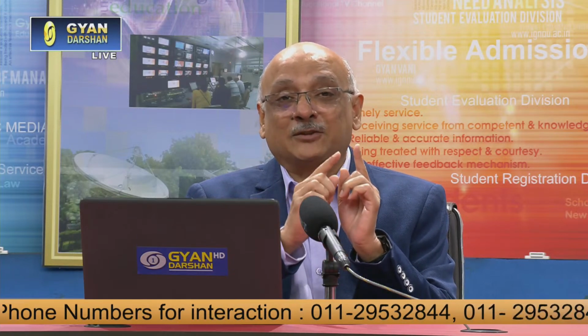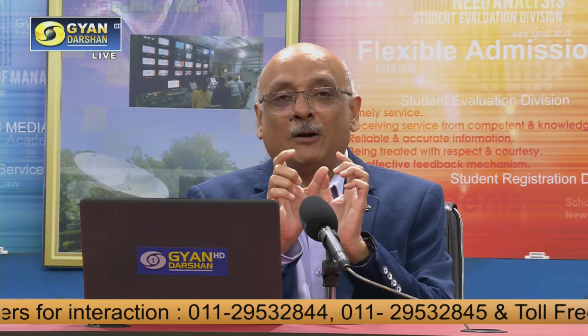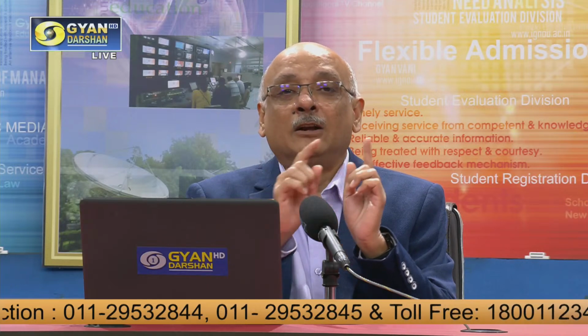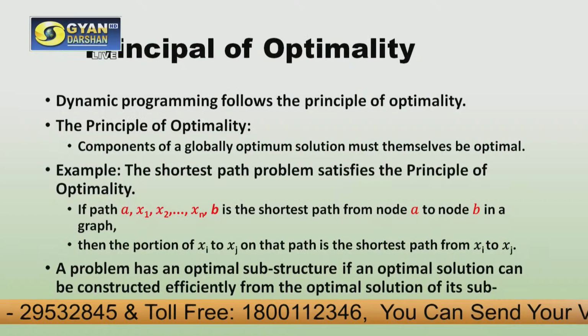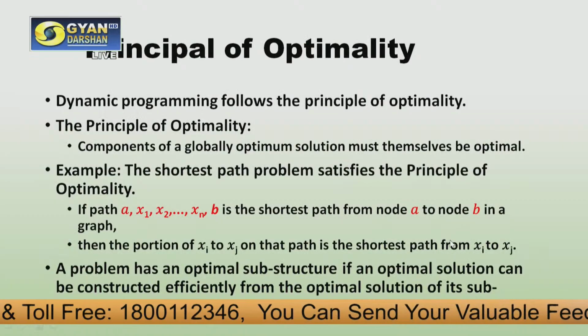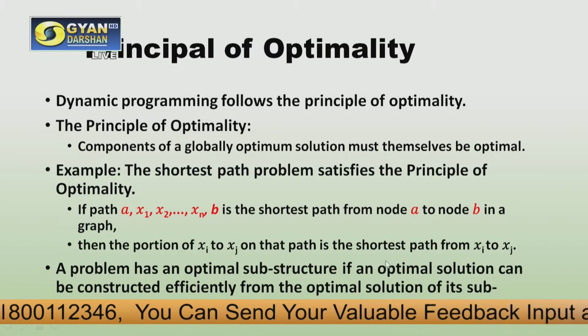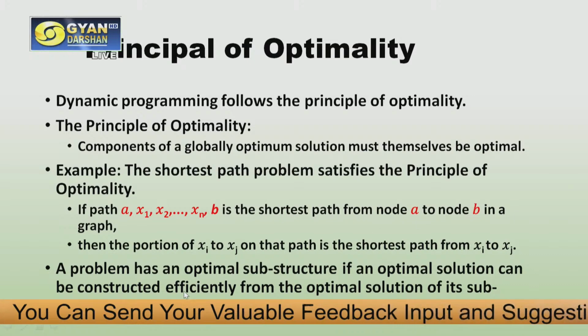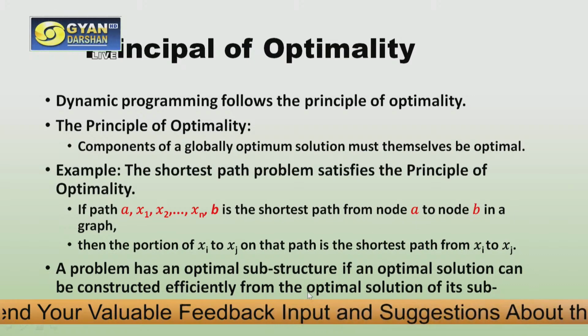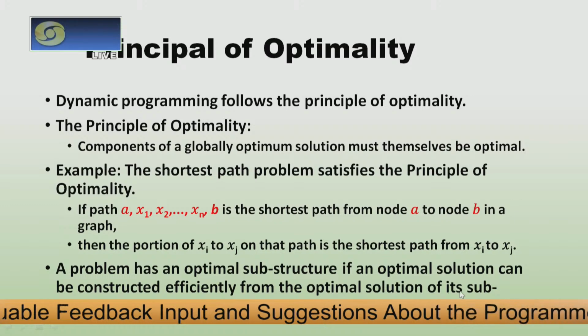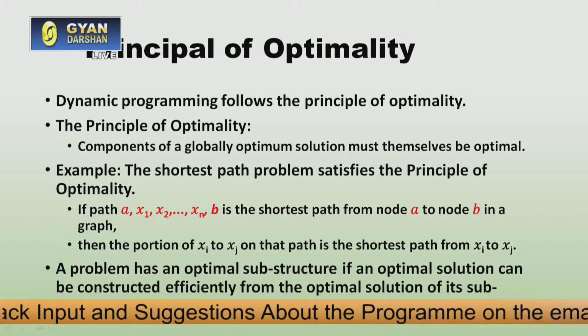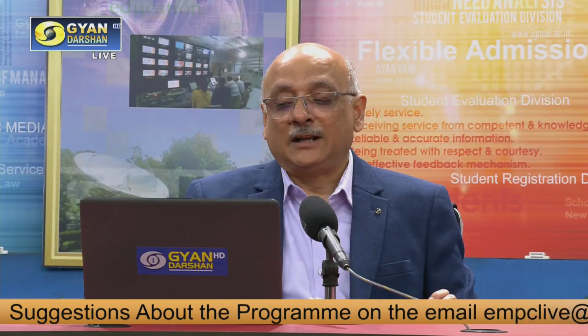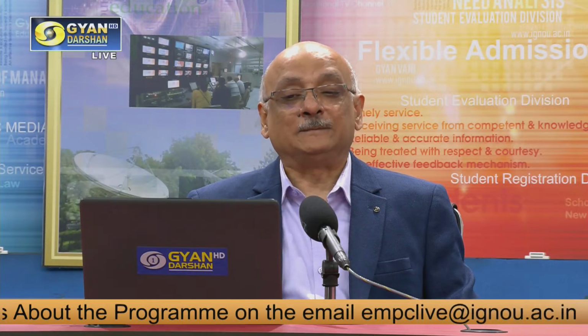So if it is x1, x2, x3, that may be optimal if it is falling in the path from A to B, the optimal path of A to B. Now, a problem has an optimal substructure if an optimal solution can be constructed efficiently from the optimal solutions of its subproblems. So we need to construct an optimal solution.